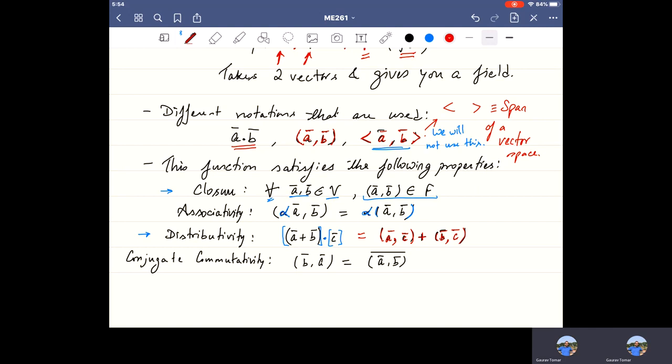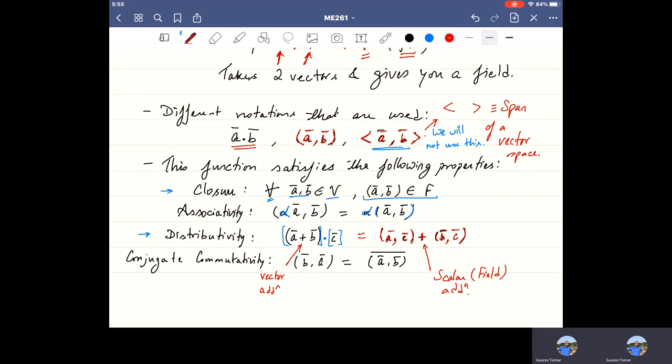Clearly this addition is vector addition, whereas this addition is scalar addition with respect to the field.